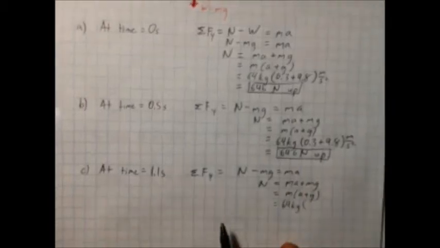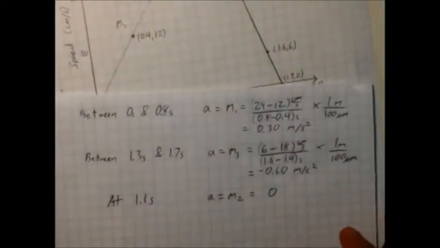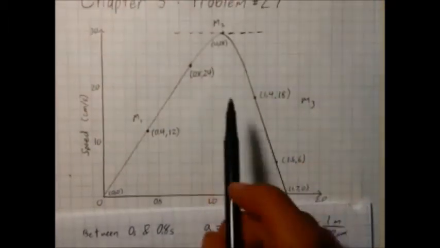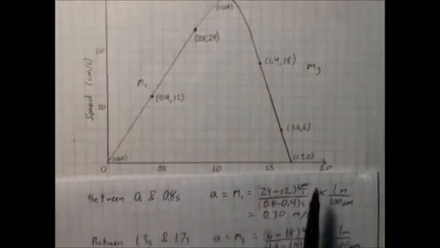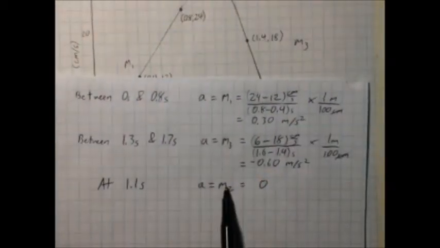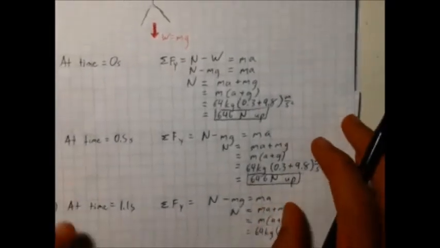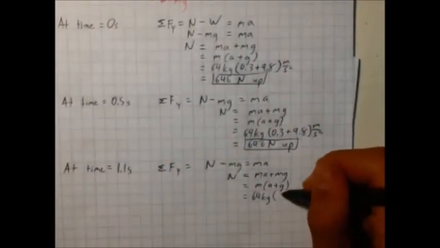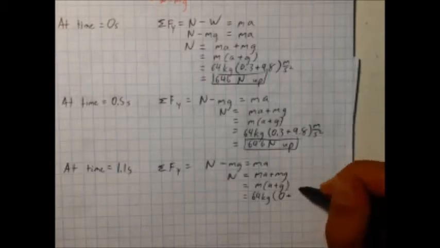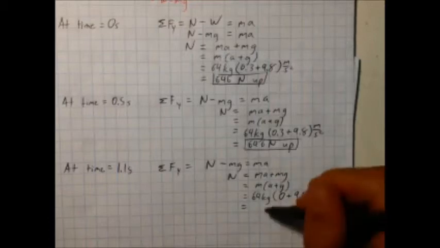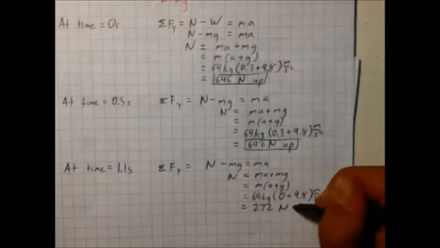The acceleration this time at 1.1 seconds, if we look back here, we see that at 1.1 seconds, which is the top of our graph, our acceleration is equal to our slope at that point, which is equal to 0 meters per second squared. So that's what we're going to plug in for part C. Acceleration, 0. Acceleration due to gravity, 9.8 meters per second squared. Simplify that, and we get 272 newtons up.